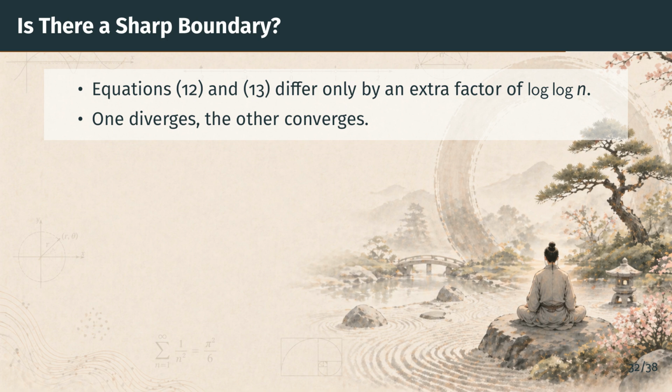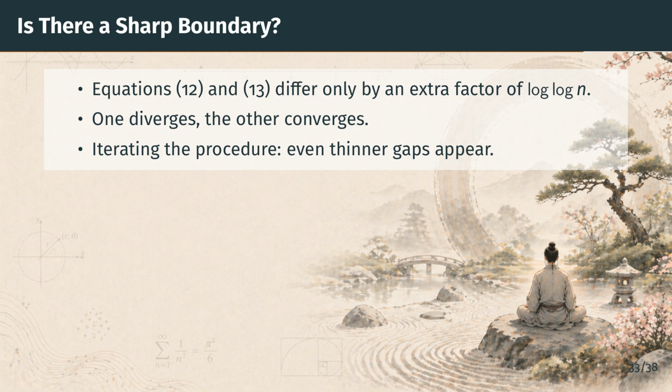Their terms differ only by an extra factor of log n, yet one diverges and the other converges. The gap between divergence and convergence is incredibly thin. Worse, we can iterate the trick. Sticking in more nested logarithms produces matched pairs of divergent and convergent series whose terms differ by less and less.